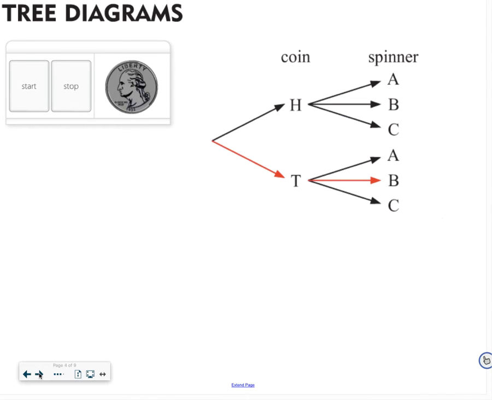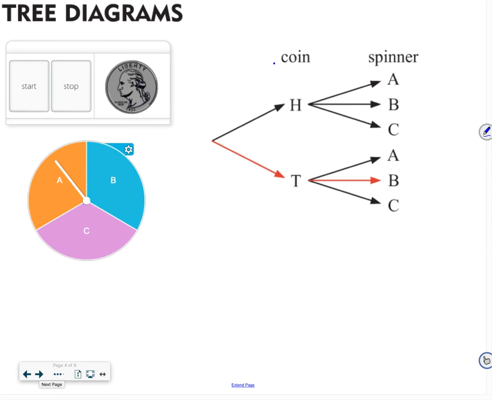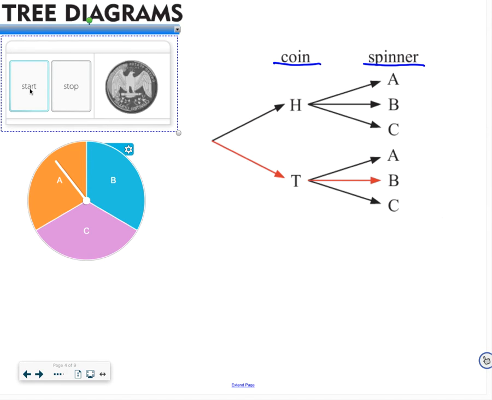Okay, so tree diagrams are a way to have our different options show up on different branches of our tree. So in this example again, we could have a coin and a spinner. We can flip our coin and see that we get a head. So we can see that is here in my sample space. I can go ahead and spin my spinner and I get a B, and I can see that's right here in my sample space.